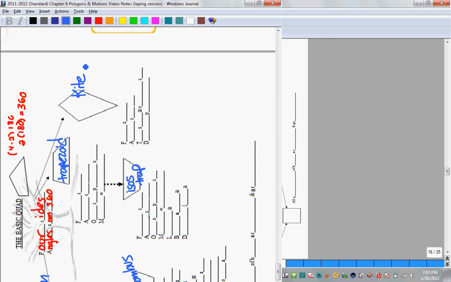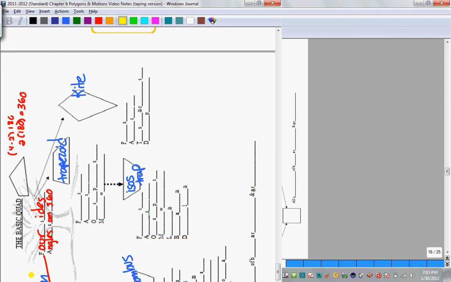Some of these shapes are related to each other. We can see going this way that the descendants of the parallelogram are the rectangle and the rhombus. And the rectangle and the rhombus both feed into a square.